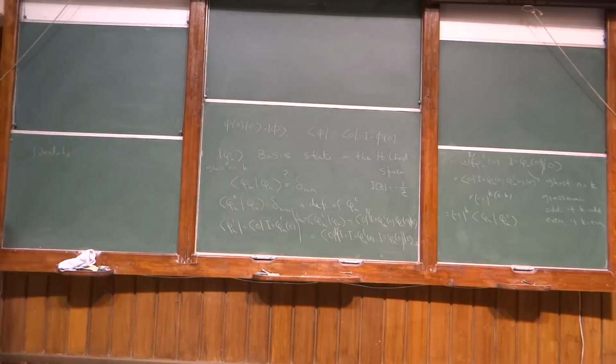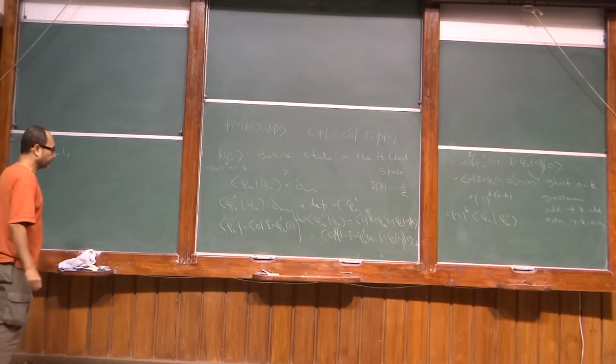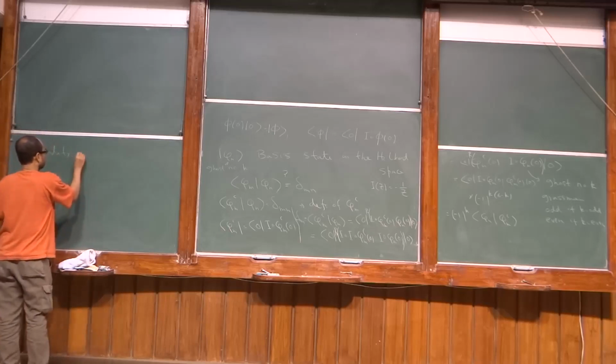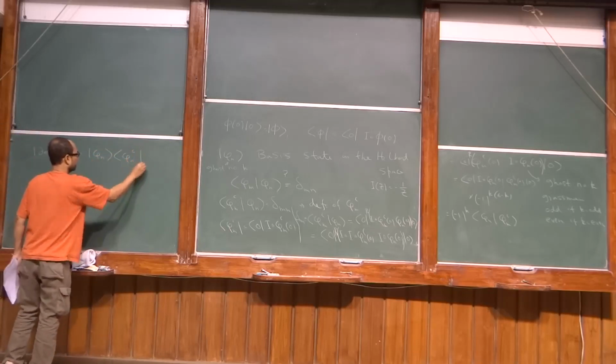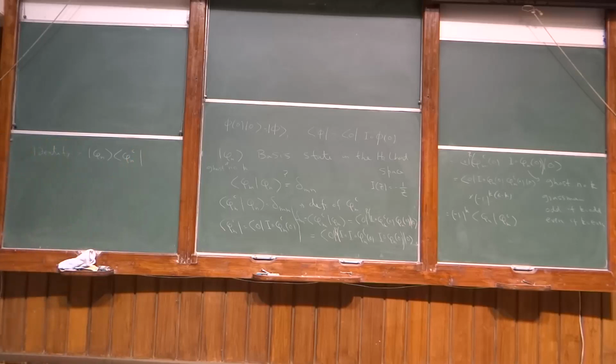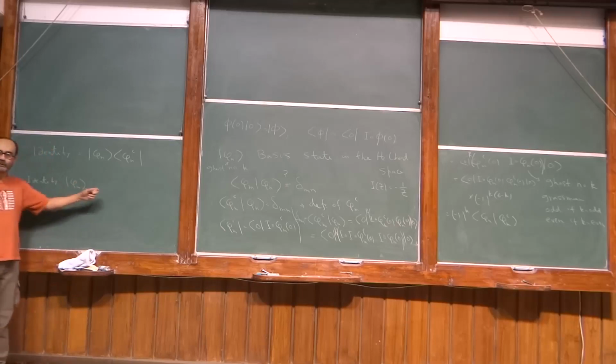The claim is that the completeness relation takes this form. How do you verify it? We apply identity on an arbitrary state, and let's take an arbitrary state to be phi m. As long as you can show that identity acting on phi m gives you phi m for every phi m, we are done, right?